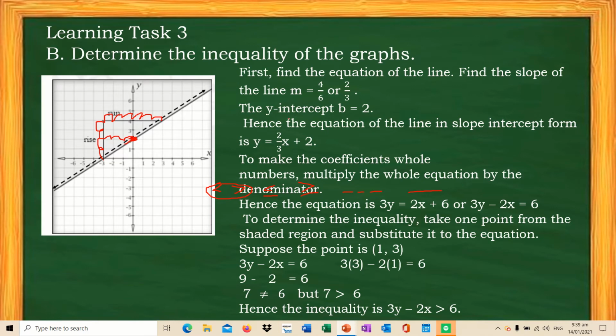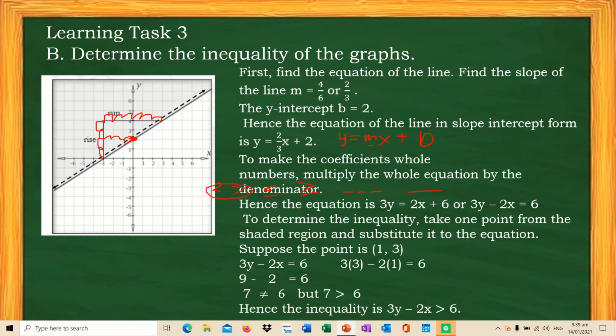Okay. So, let us use the slope-intercept form. That is y equals mx plus b. Okay, then substitute the slope and the y-intercept. So, ang ating slope dyan is m.